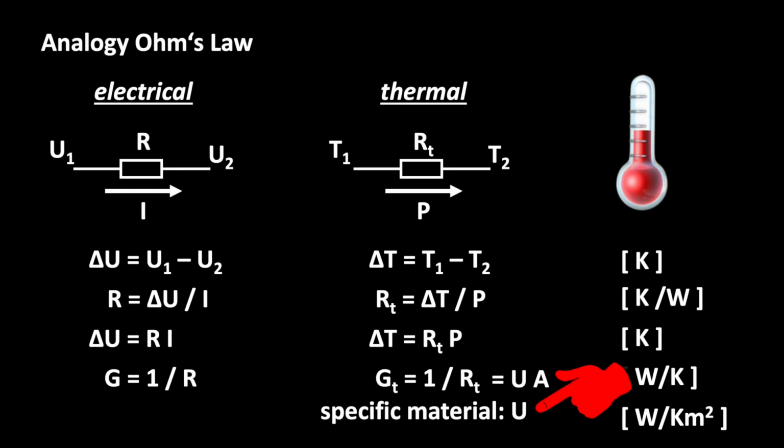For an insulation material, we can find the so-called U value in watts per Kelvin and square meter. We have to multiply this by the covered area to get the thermal conductivity value. The reciprocal of this is then our thermal resistance RT.